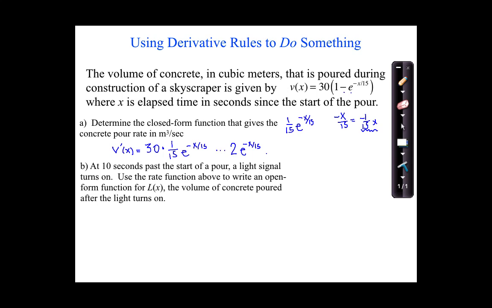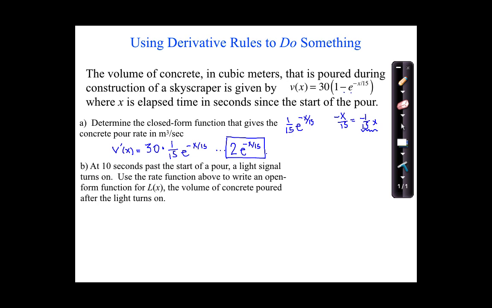But what I know is the concrete's being poured at this rate, where x represents the number of seconds since the beginning of the pour, time 0. But I want to know what happens from time 10 onward, or what does this cause to accumulate starting at 10 seconds in and going onward from there as far as I want.